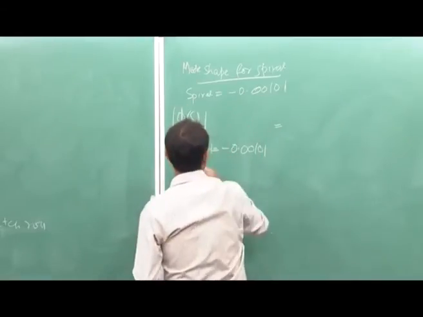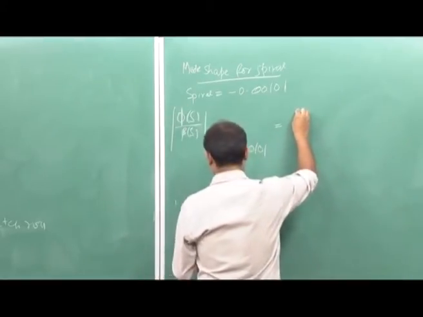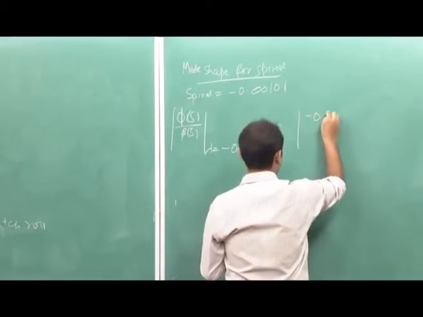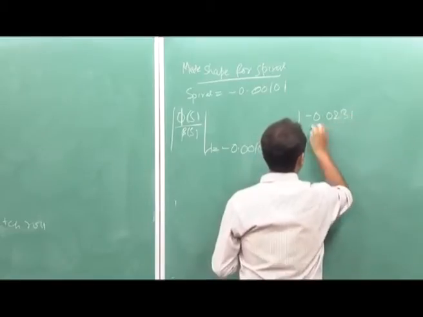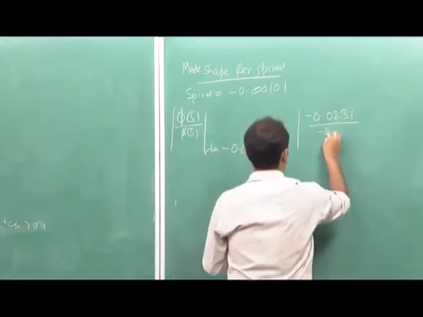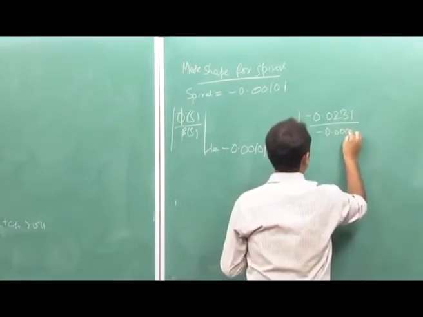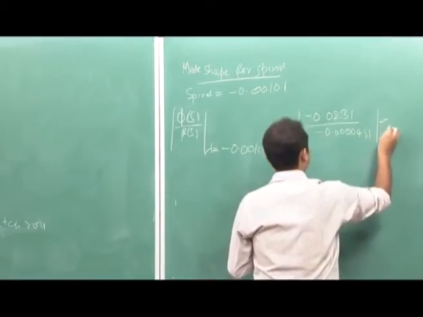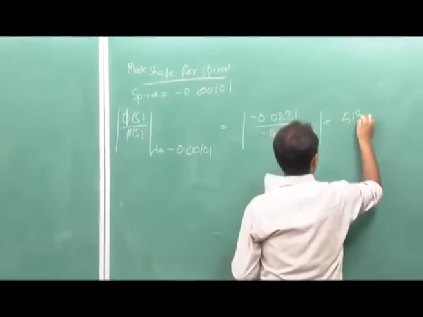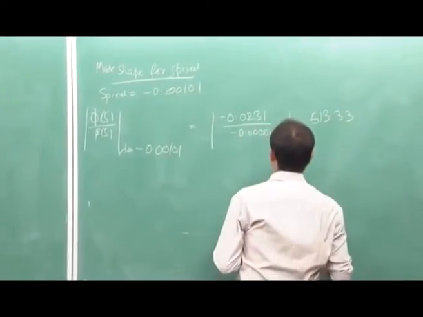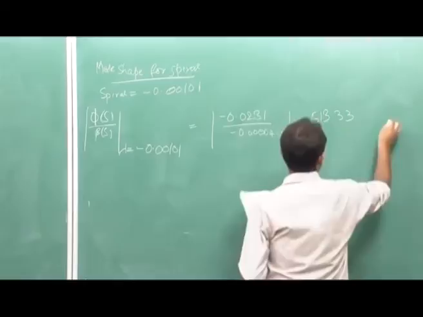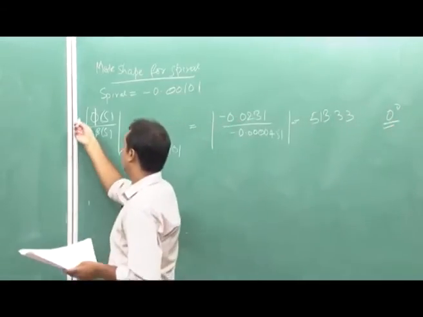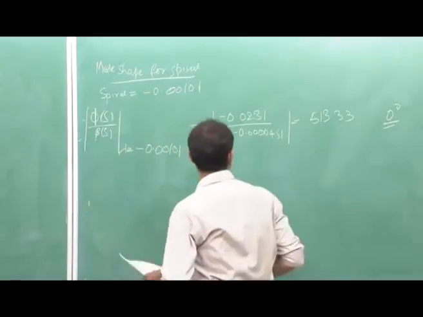Magnitude of this will be -0.0231 divided by -0.0000451, which will be 513.33, and phase of this will be 0 degree, meaning both phi and beta are in phase.